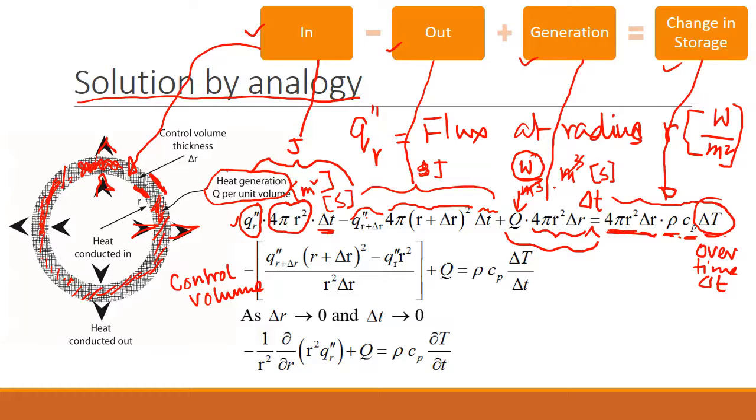Now we divide throughout by r squared delta r delta t. If I divide throughout by this quantity, then we get this one, so you can see r squared delta r in the denominator.